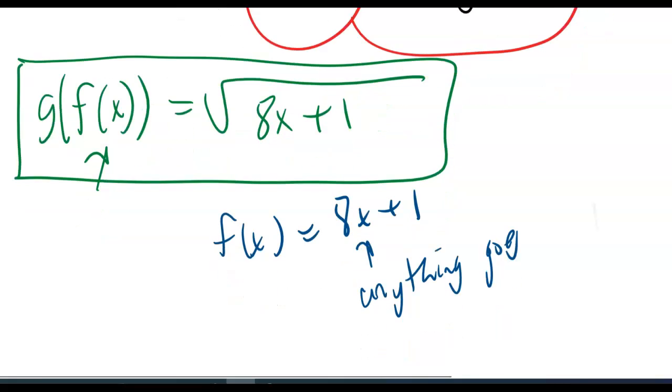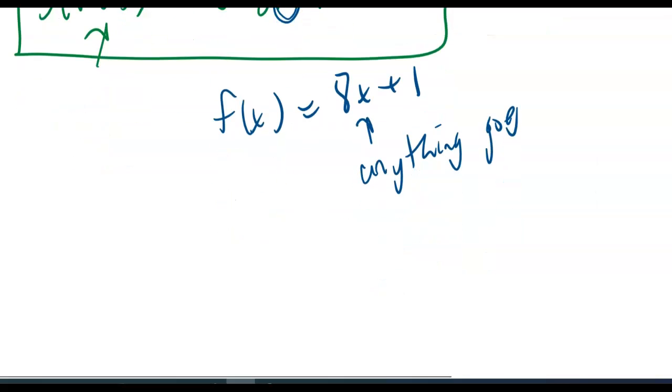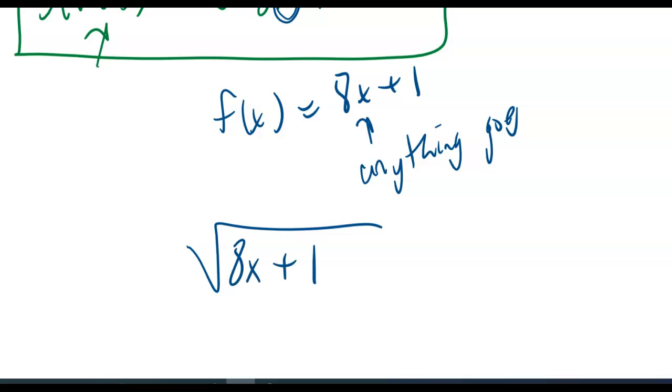So since we can put anything we want into f, the value we're putting in is not restricted based on what f is. Now we have to consider the overall restrictions, kind of like big picture restrictions. Our final composed function was the square root of 8x plus 1. Well, this does have restrictions, okay? The restriction here is we can't have a negative under the radical.